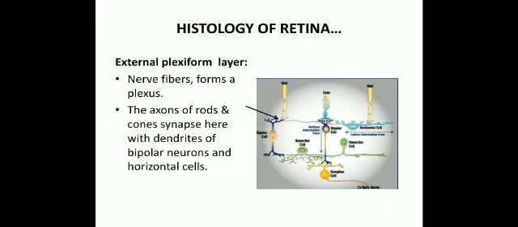The plexiform layer consists of nerve fibers, so there won't be any cell bodies. The external plexiform layer is made up of the axons of rods and cones with the dendrites of bipolar neurons and the horizontal cells. And this stains lightly.